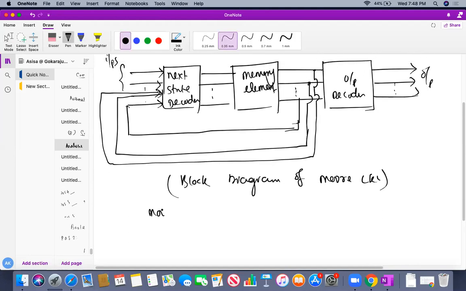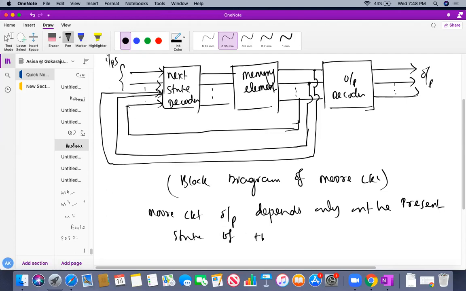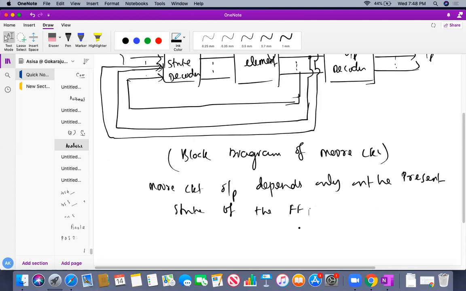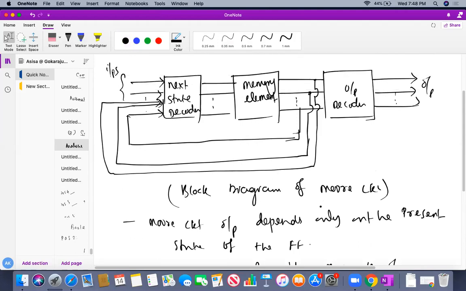Input changes don't affect the output. You can see here, if you change the input here, that will not affect my output. The Moore circuit output depends only on the present state of the flip flop.